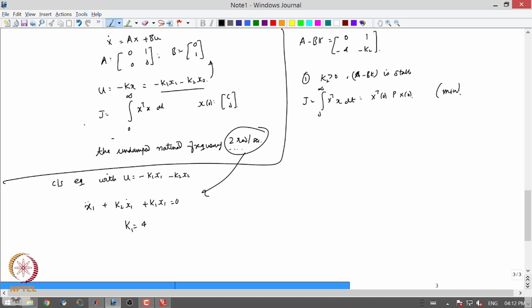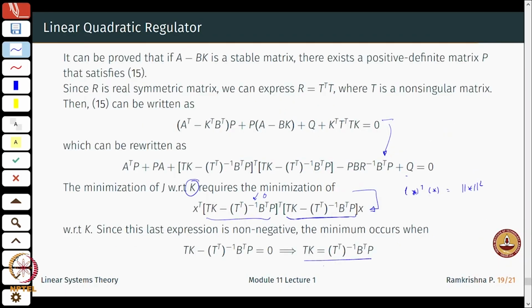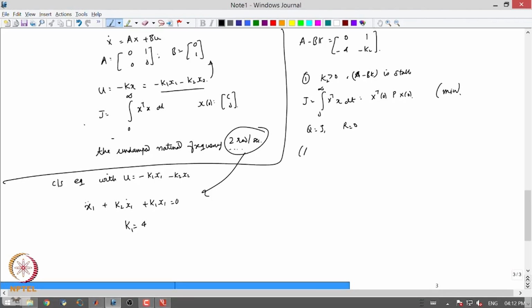If I put Q equal to I, R equal to 0 into my Riccati equation, I get the following expression: (A minus B k transpose) P plus P (A minus B k) is minus I.